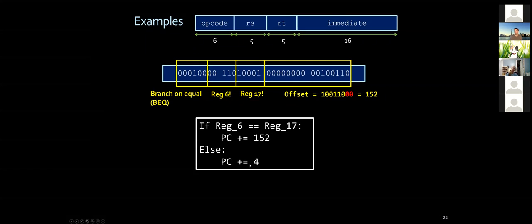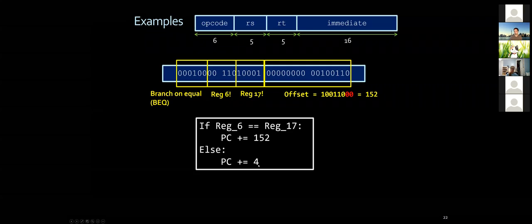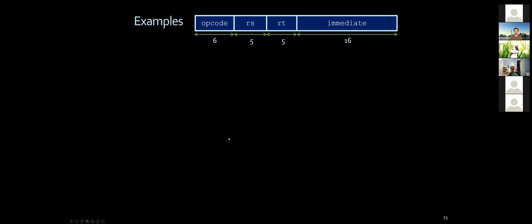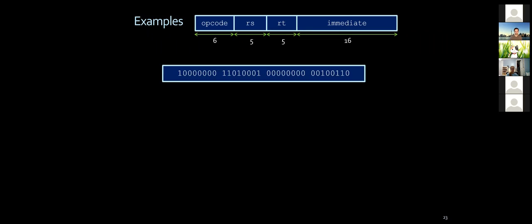Otherwise, I go with the default version, which means the branch is not taken, and I fall through and go to the next instruction. So the only side effect of this instruction is the change of the PC. It doesn't write any registers, it doesn't multiply, it doesn't change any flag. The only thing it does is rewrite the value of the PC, okay? Okay, another example here.